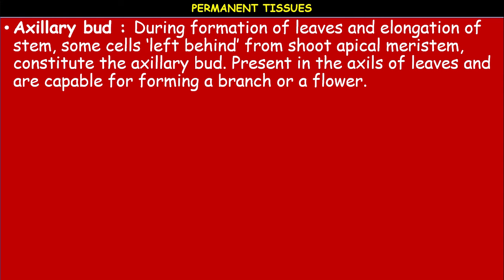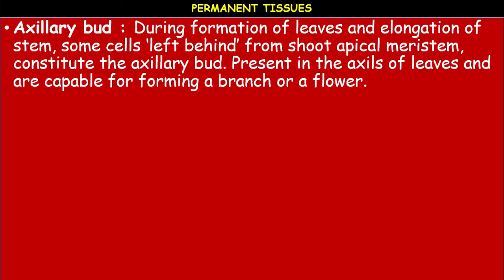Next, on the basis of the origin, meristems may be primary, meaning the origin is from embryonic cells, or secondary, meaning originated by differentiation of permanent tissues. Apical, intercalary and fascicular meristems are the primary meristems. Why? Because they originate from the embryonic meristems, also called promeristems.